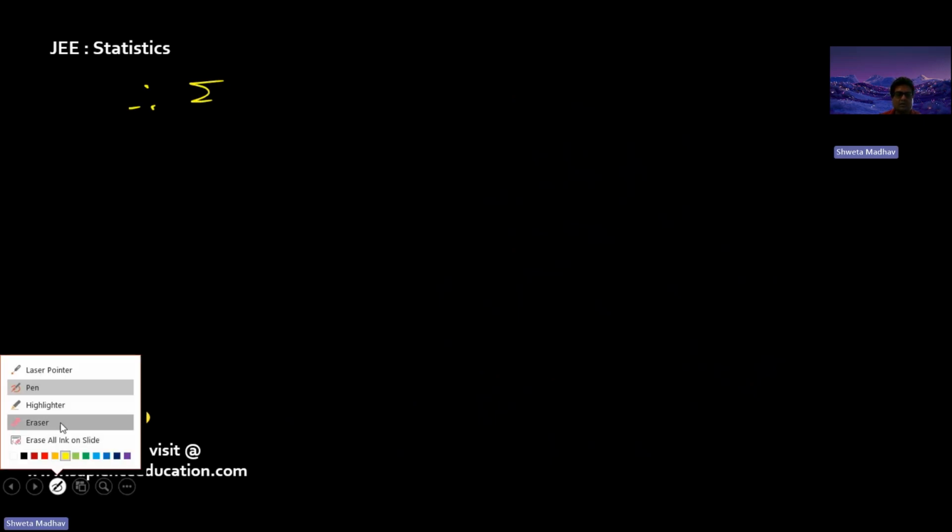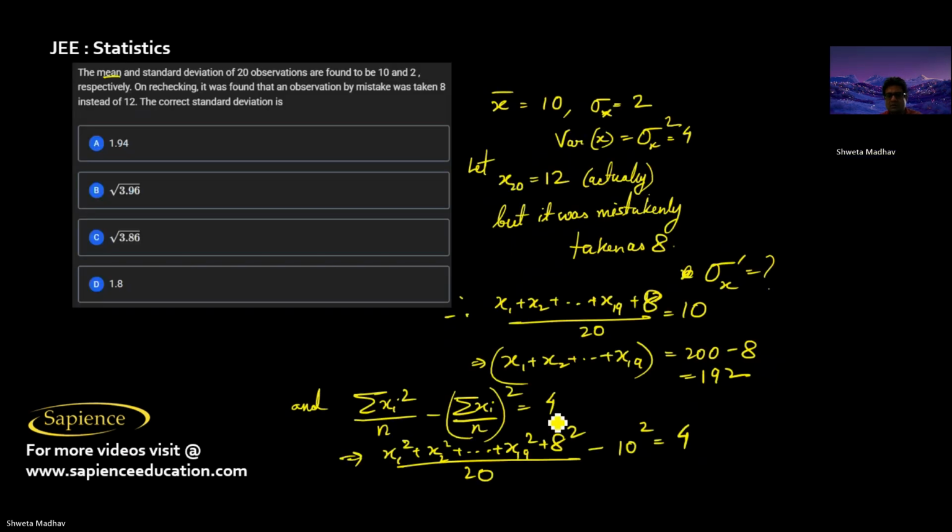So we can say the sum of x1 square till x19 square will be equal to 4 plus 100, that is 104, into 20 minus 64.